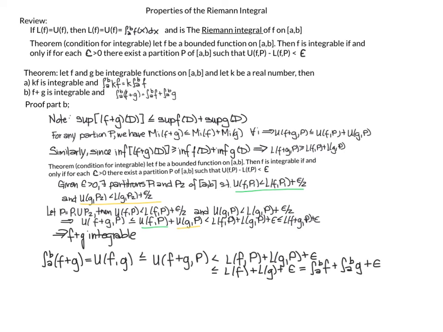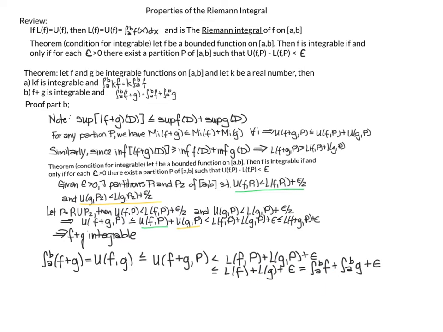And from our work up here, the upper sum of f plus g with respect to the partition is less than the lower sum of f with respect to P plus the lower sum of g with respect to P plus some epsilon. That, in turn, is less than or equal to the lower integral of f plus the lower integral of g plus epsilon.